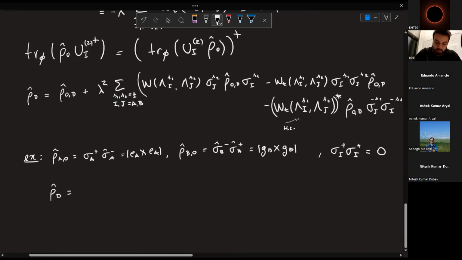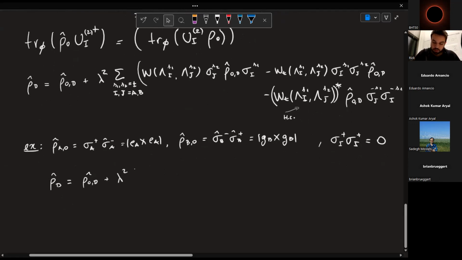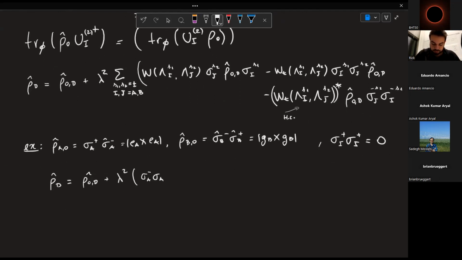Your rho D will be the rho zero. This rho zero will be, of course, the product of the sigma A plus, sigma A minus, sigma B minus, sigma B plus, plus the correction, which is second order. And this correction is going to have a couple of terms. Some of them combine, some of them cancel, but in the end, the terms that will survive will be these.